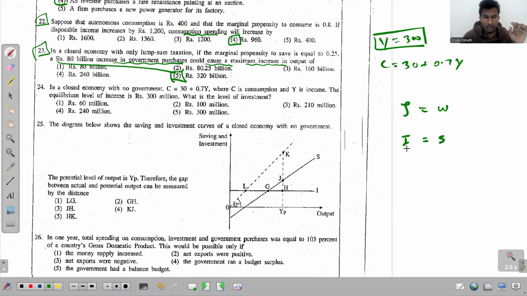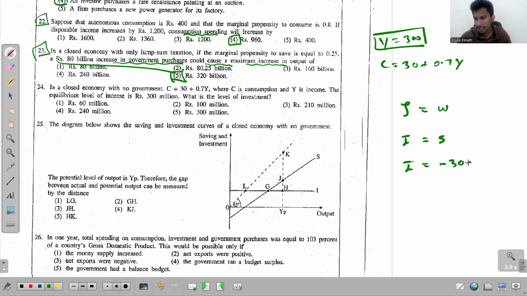So the requirement is to find this I. How do we find I? Since we have made I equal to S, based on this consumption function, we can very easily develop the savings function. Let me make this I equal to that savings function.